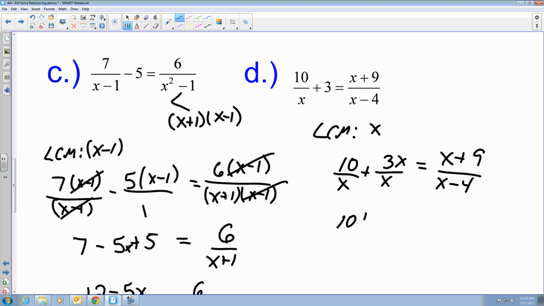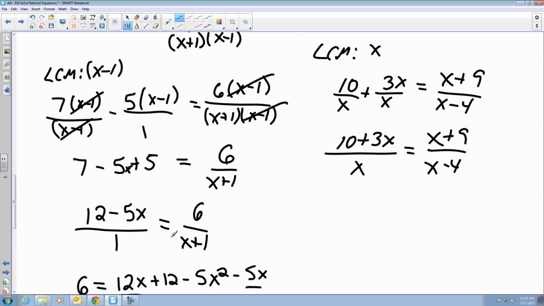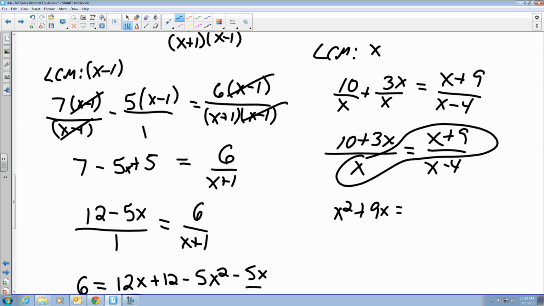So I go 10 plus 3x divided by x equals x plus 9 over x minus 4. Cross multiplying gives me x squared plus 9x equals, and then the other side is going to give me 10x minus 40 plus 3x squared minus 12x.